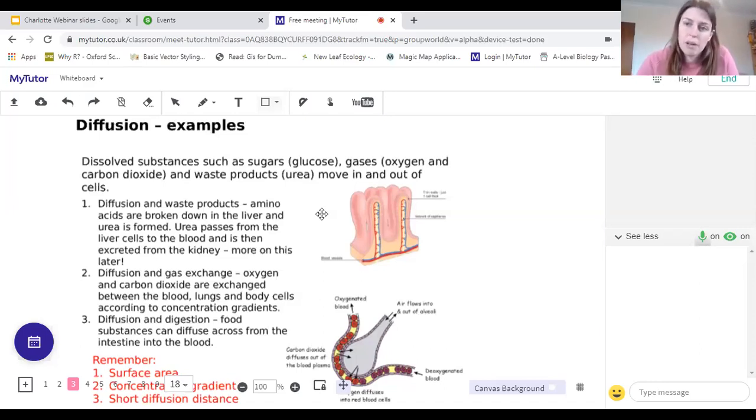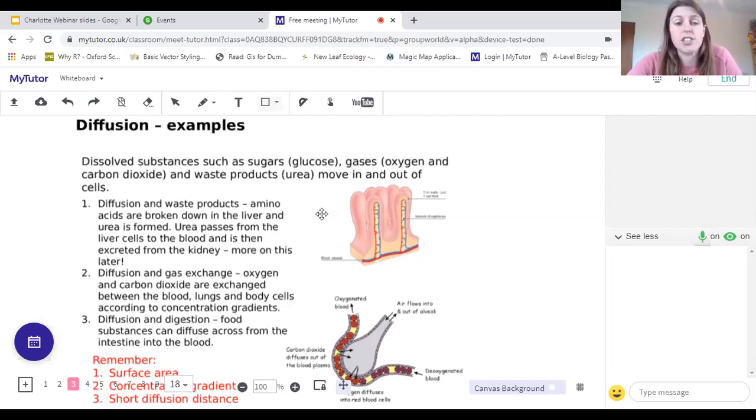We do a lot more about that when we cover homeostasis and maintaining water concentrations in the body. Urea makes all of those moves, from the liver to the blood and then to the kidney, all through diffusion. Urea is really small, it can fit through cell membranes, and it can just diffuse across those partially permeable membranes.